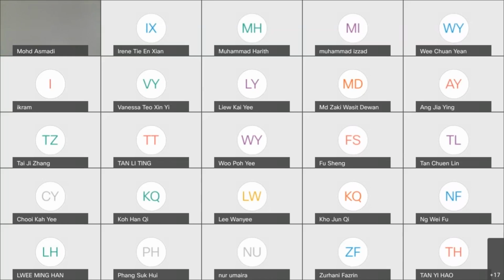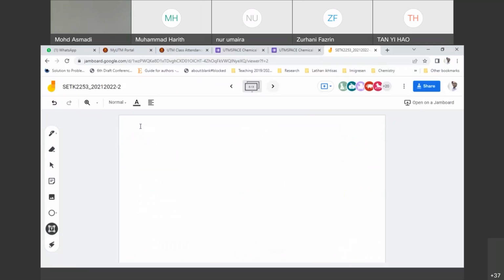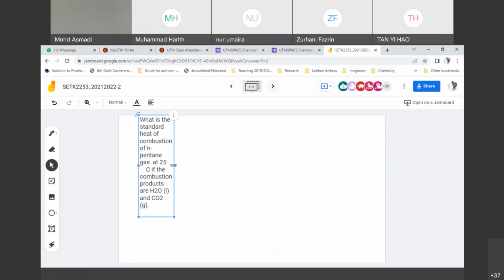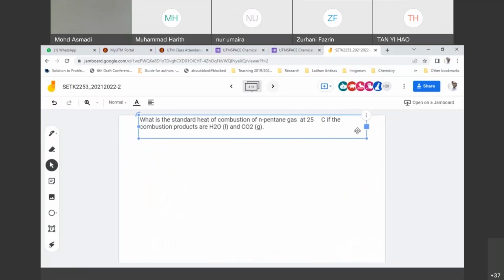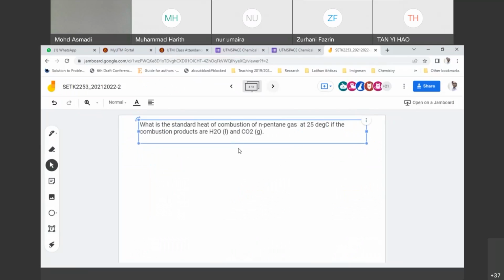I share the Jamboard. Okay, go to the Jamboard. Easy. And now I explain. What is the standard heat of combustion of the n-pentane gas at 25 degrees C with the combustion products?